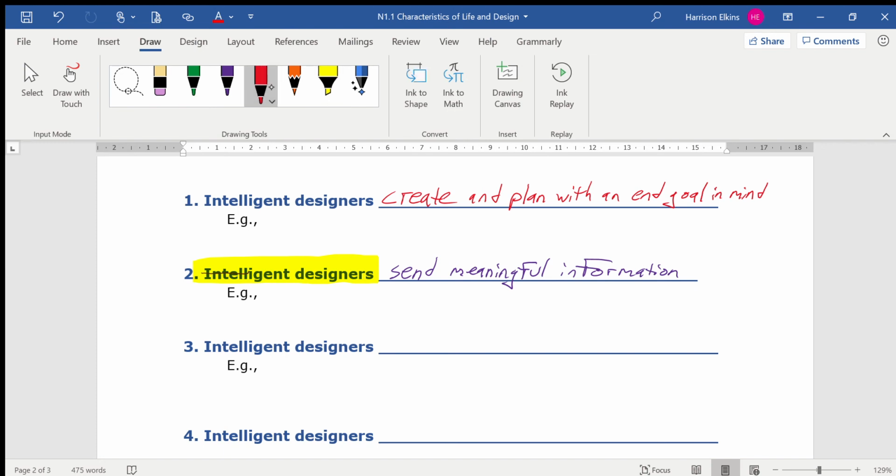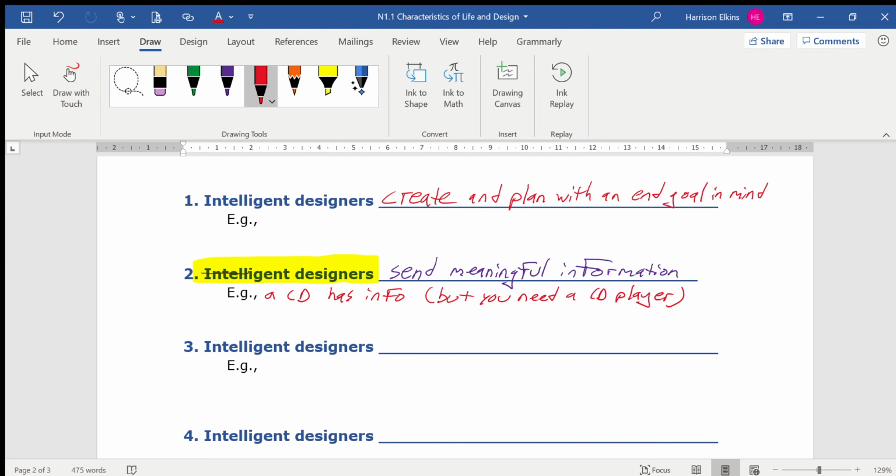For example, a CD has information. But note, that CD is useless if you don't have a CD player. You always need something to interpret it. I'm writing in English right now. If you do not know English, you will not get anything that I'm trying to say.